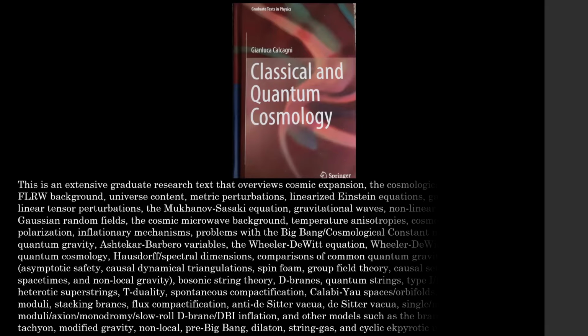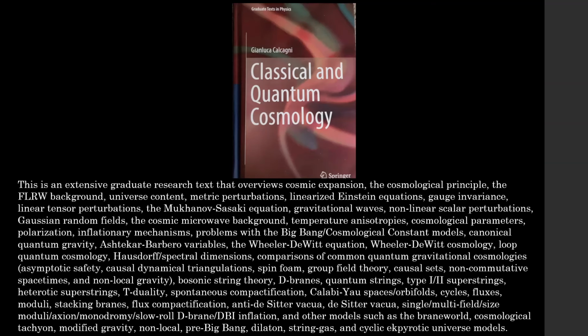We have Calcagni's Classical and Quantum Cosmology. This goes over the many different types of cosmologies, from loop quantum gravity to M theory to causal dynamical triangulation, group field theory, spin foam theory, non-local gravity, asymptotic safety, causal sets, non-commutative spacetimes, Wheeler-DeWitt cosmology, which is sort of a canonical cosmology in a sense.